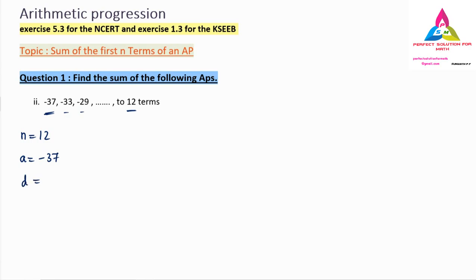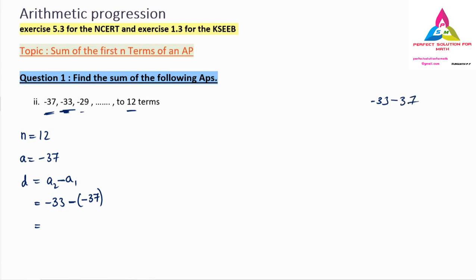Next we want the d value. The d value is nothing but a2 minus a1. So a2 is minus 33, the second term. The first term a1 is minus 37, so I will write it in a bracket. Remember, some of you will make it wrong over here: you will directly write minus 33 minus 37.